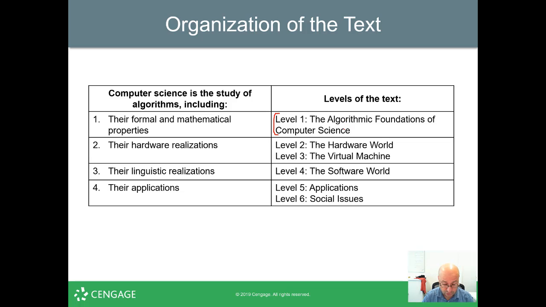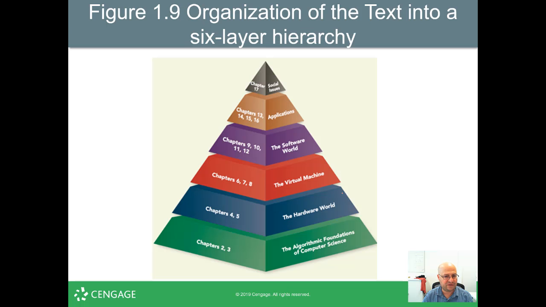I think in week 3 you have to do module 1, which is the algorithmic foundations of computer science. Module 2 is hardware realizations. These are all contained in the book, in the hardware world and in the virtual machine. And we're going to see the linguistic realization, which is the software world, and then applications and social issues. This is all what makes the book, and this is all contained in this topic.